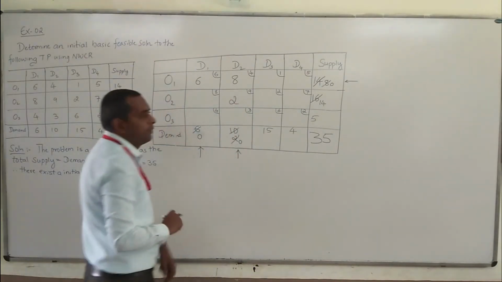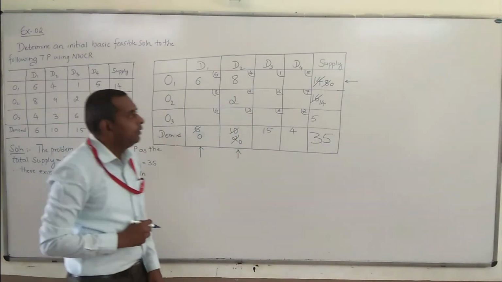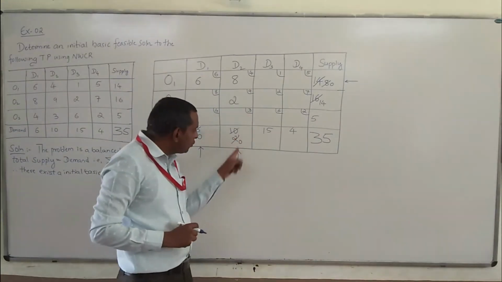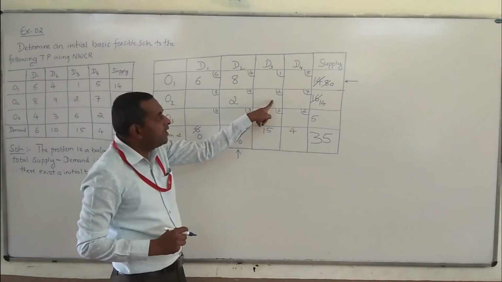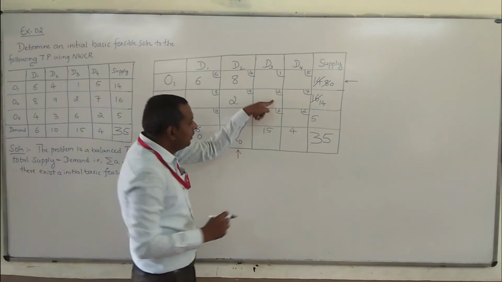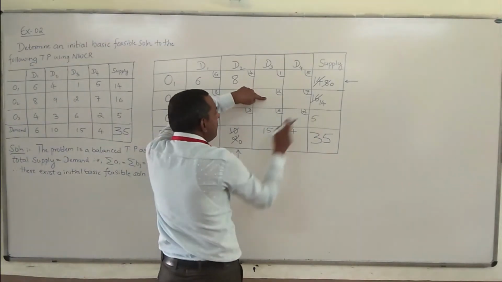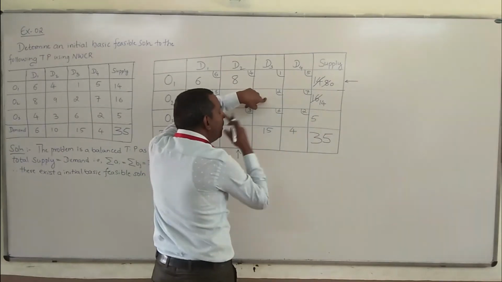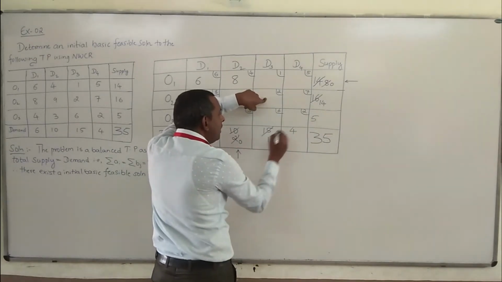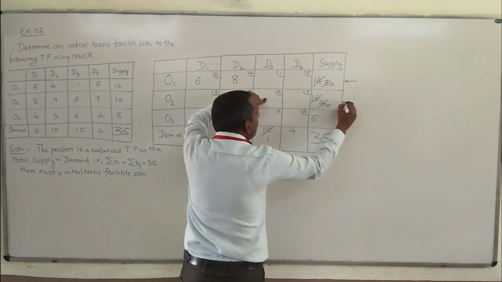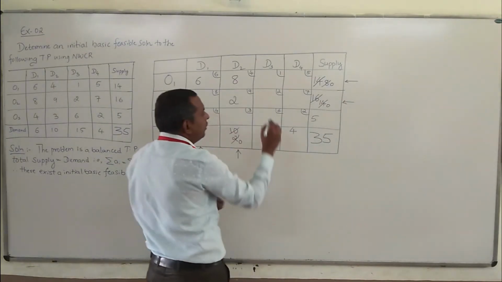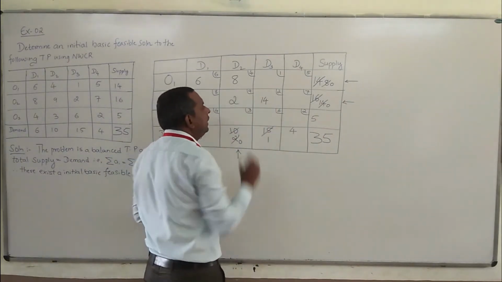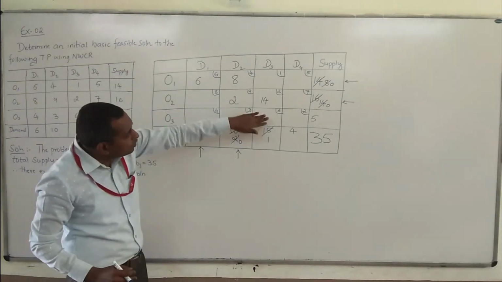Let me write 2 here. Next, come to the next column. Demand is 15, supply is 14. Subtraction gives 1, and here it becomes 0. Now this row got exhausted. Let me write 14 here. Come to the next row.